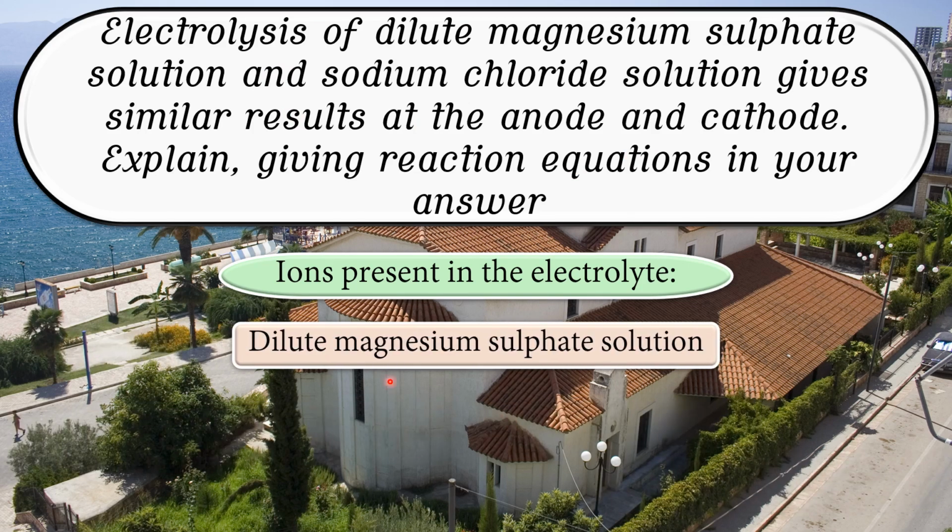Let us start with dilute magnesium sulfate. If we look at dilute magnesium sulfate as our electrolyte, which ions do you suspect it is going to produce?